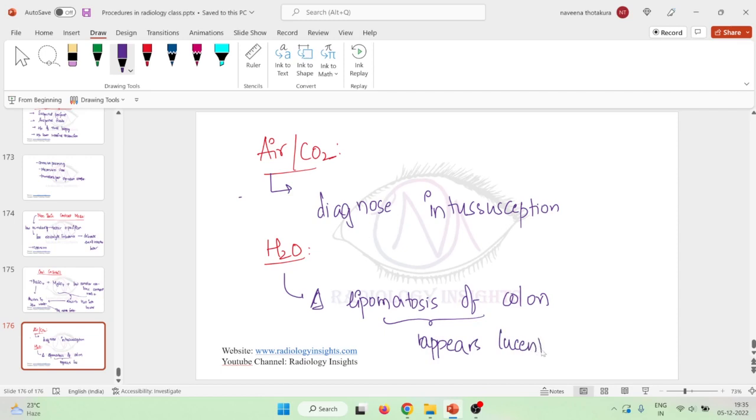So as a result, we use water as a contrast agent for diagnosis of lipomatosis of colon. So these are the different contrast media which can be used in the GIT. Thank you.